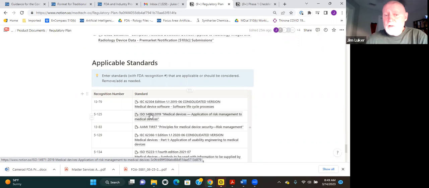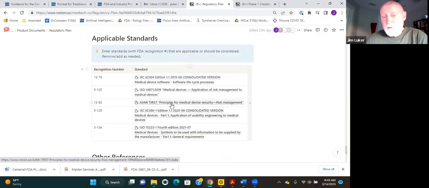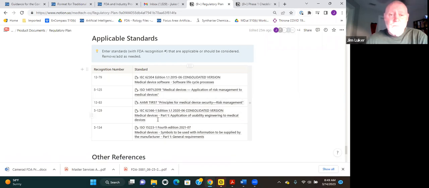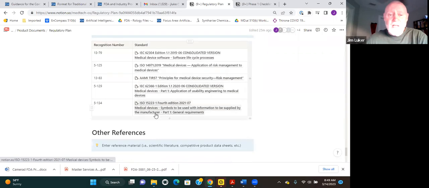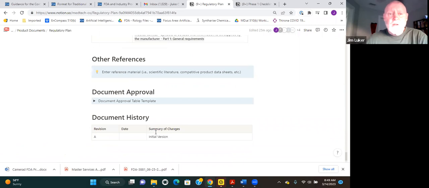As far as FDA is concerned, it's a recognized standard. ISO 14971 from a risk perspective. Medical device security, cybersecurity is becoming a big deal. That's only getting larger. IEC 62366-1 for usability, and then labeling falls under ISO 15223-1. And that's pretty much it.